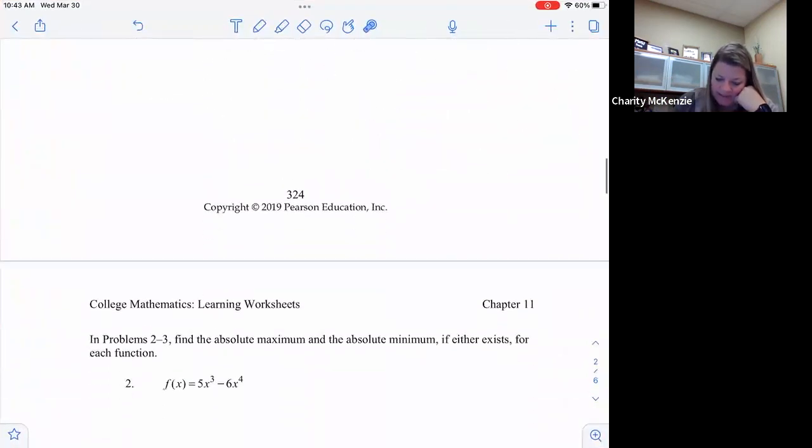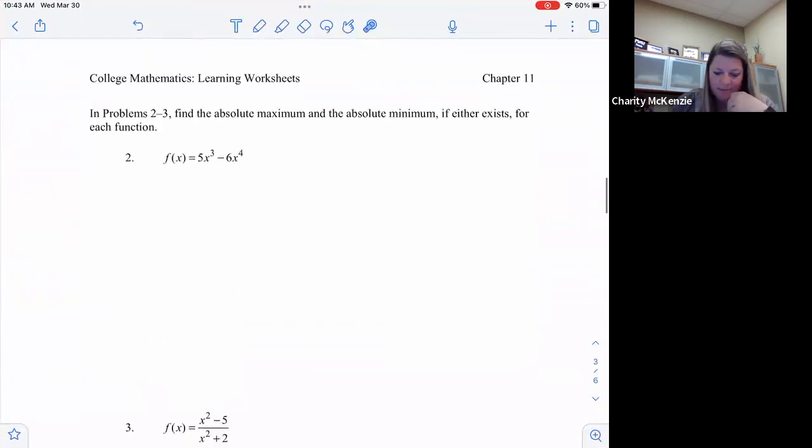All right, let's look at another one. Problem 2 now says 5x to the third minus 6x to the fourth, and it does not give any endpoints. So we might not have an absolute max or min because we don't have any endpoints. So we start with, well, what's the derivative?